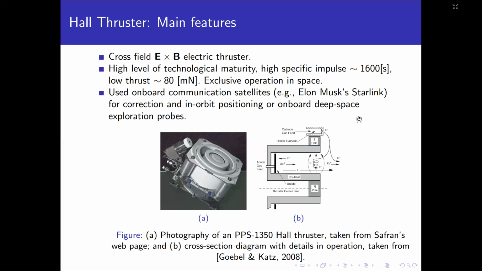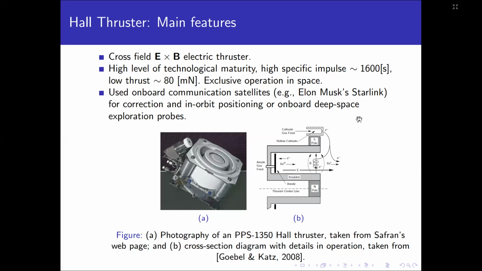When they enter the chamber, they find these magnetic field lines and become confined in this region.